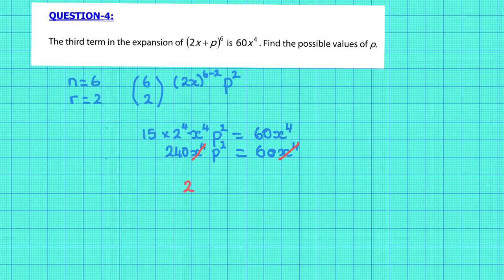Therefore, we get 240 p squared is equal to 60. So p squared is equal to 60 over 240. So p squared is equal to 1/4. So p is equal to plus or minus a half.